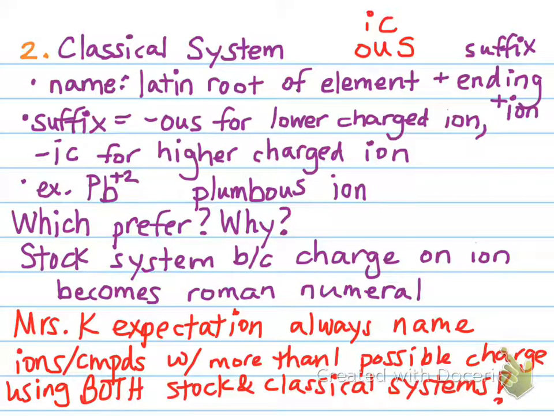So that's all about monatomic ions. We're going to do a little practice here. Okay. And this is the last thing that needs to fit before you get to polyatomic ions. Okay.